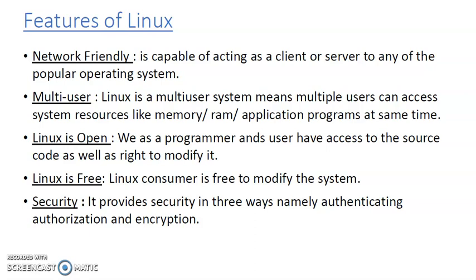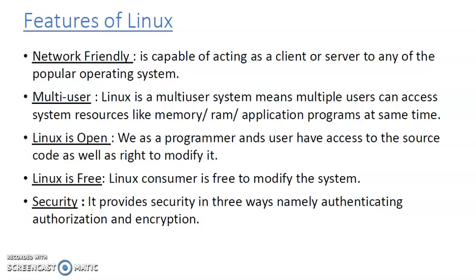Then Linux is open. Means what? We, as programmers as well as users, have access to the source code as well as the right to modify it. So the programmer as well as the user can access the Linux code and have the right to modify it. Linux is free. So the Linux consumer is free to modify the system.